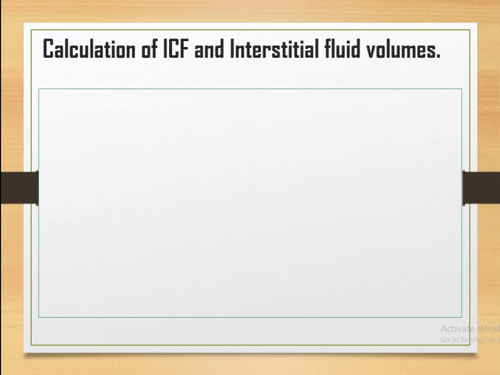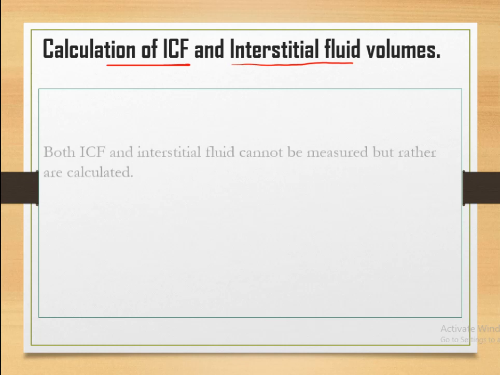We need to take note that the intracellular fluid and the interstitial fluid can only be calculated. They cannot be measured. There is no dye which can be used to measure the intracellular fluid, and no dye which can be used to measure the interstitial fluid.